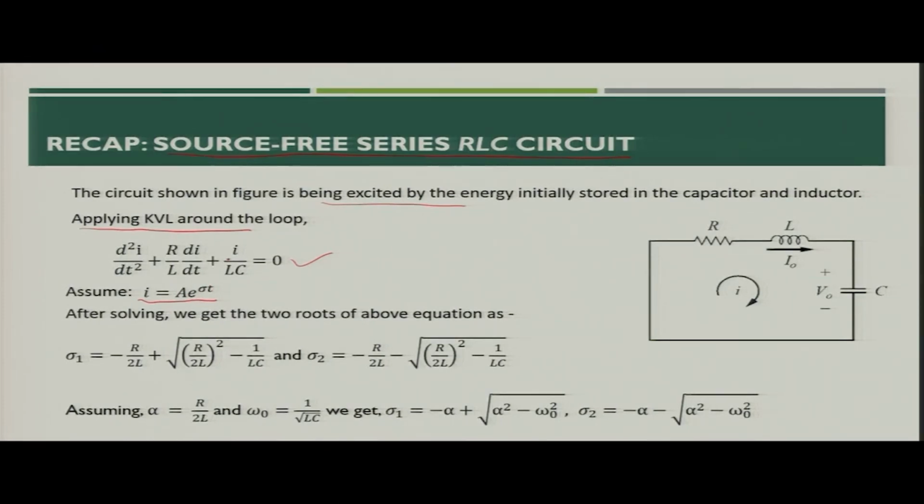Putting this in the equation and solving, we found two roots, sigma 1 and sigma 2. We assumed alpha is R by 2L and omega naught is 1 by under root LC, and when simplified we got sigma 1 as minus alpha plus under root alpha square minus omega naught square, and sigma 2 as minus alpha minus under root of alpha square minus omega naught square.